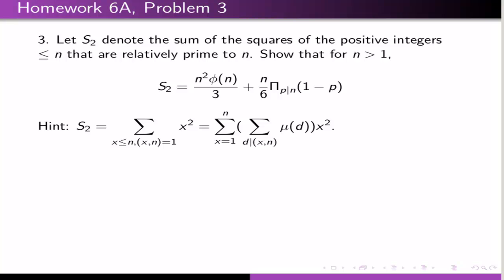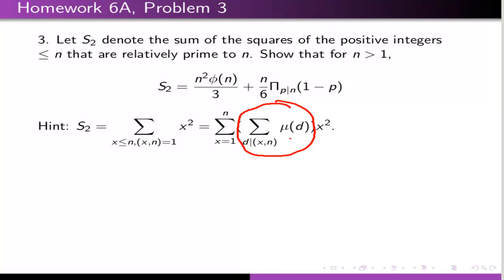Number 3, the sum of the squares of positive integers relatively prime to n. So sigma x squared, x running from 1 to n, x and n relatively prime. Okay, now where is this quantity right here coming from? That's the characteristic function that will equal plus 1 when the GCD of x and n is 1, and it'll equal 0 otherwise.